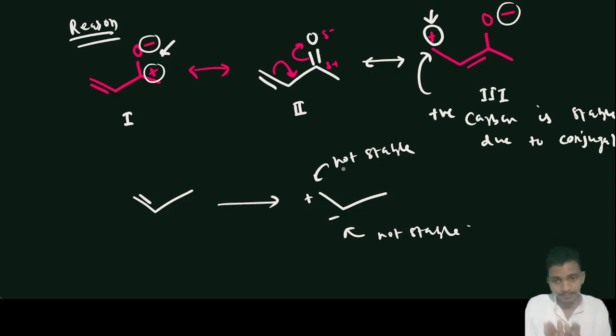That's why the alkyl Gilman reagents will attack only this type of group, where a carbonyl group is conjugated with a double bond. Then only it will do the reaction, otherwise it will not.